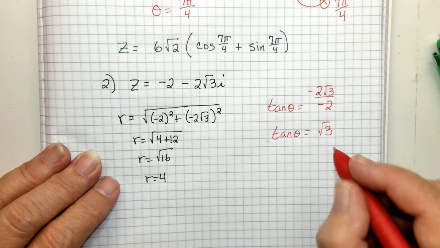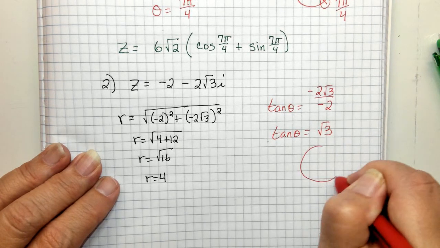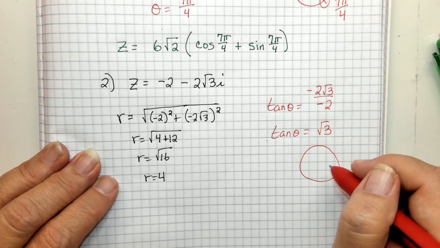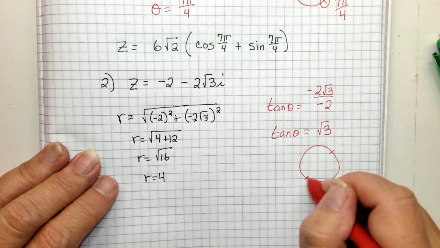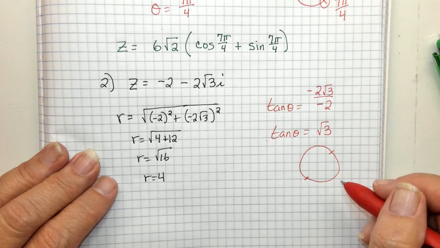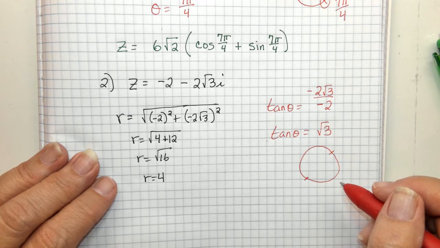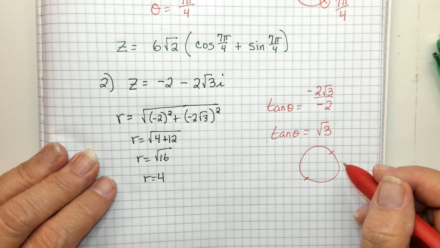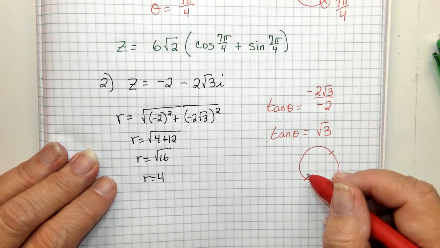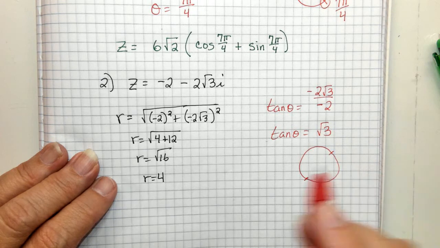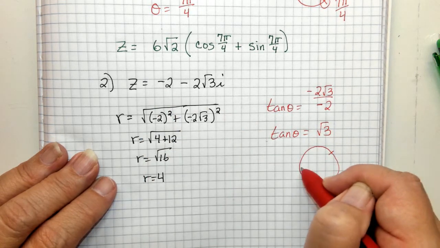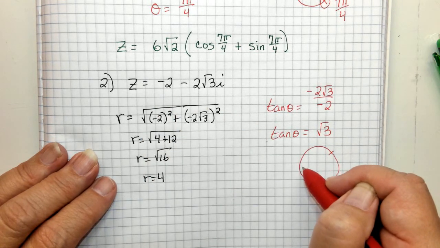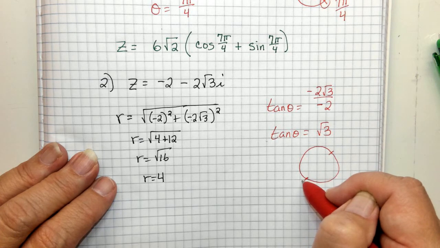And then we're going to refer to our unit circle. Tangent is positive in the first and third quadrants. And the square root of 3 is associated with the denominator of 3. And so 4 pi over 3 is going to be the one we want, because we're going negative on the real number axis, negative on the imaginary axis.